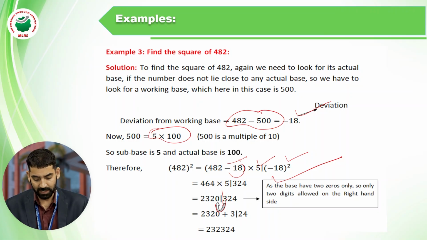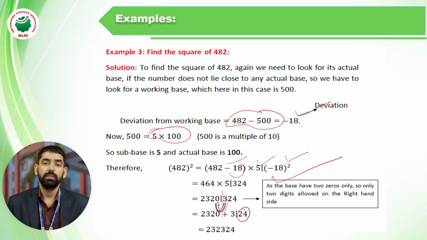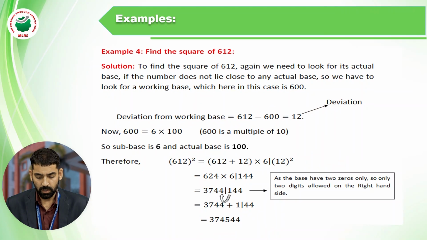So this 3 will get added to 2320, the given number. That becomes 2320 plus 3, which is 2323, and separator 24. Now we are okay, we have a 2-digit number to the right of the separator, so this becomes 232324, which is the square of the given number, which is 482. So this was example 3.